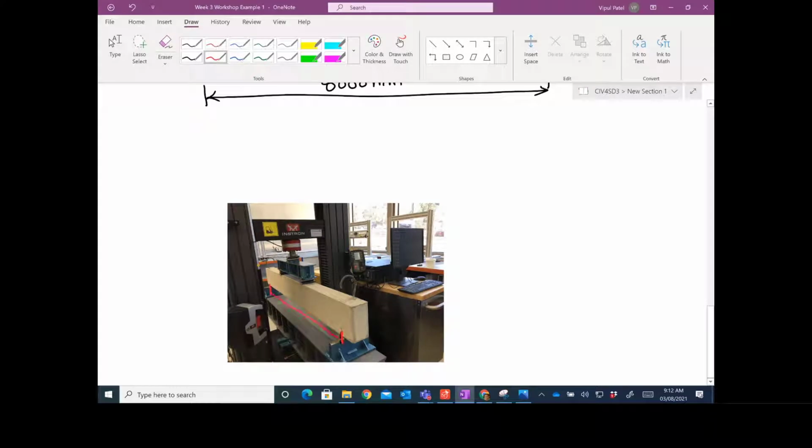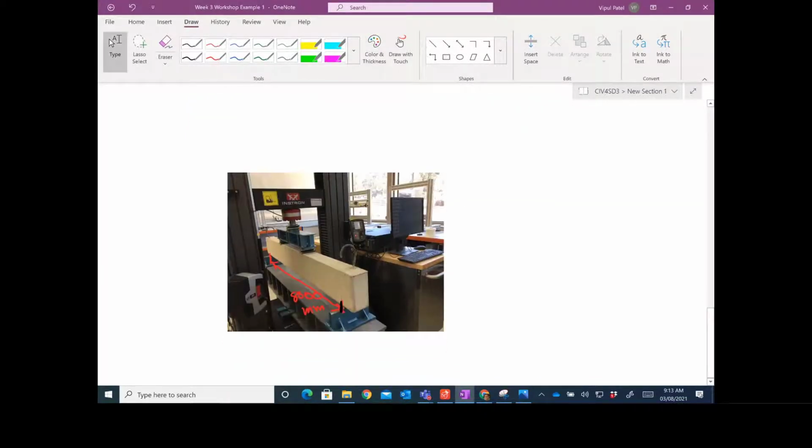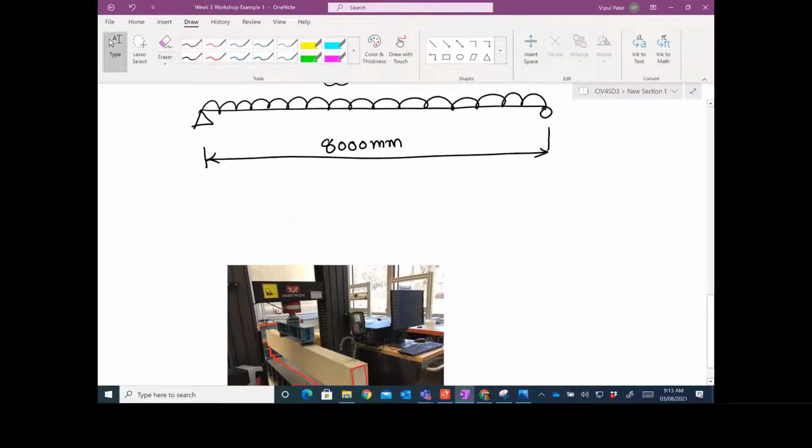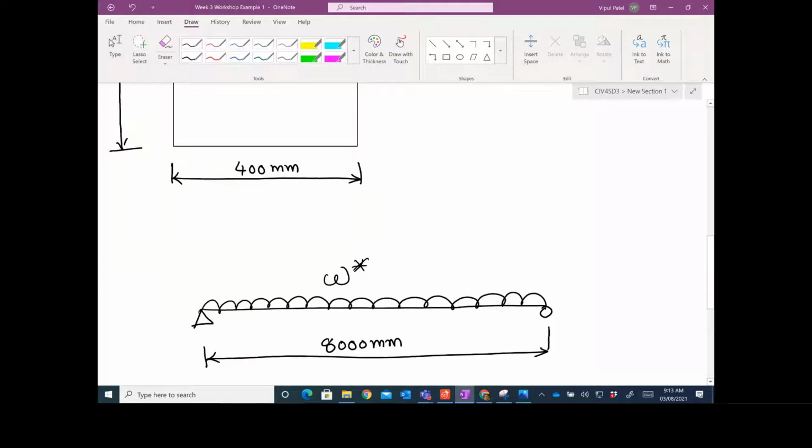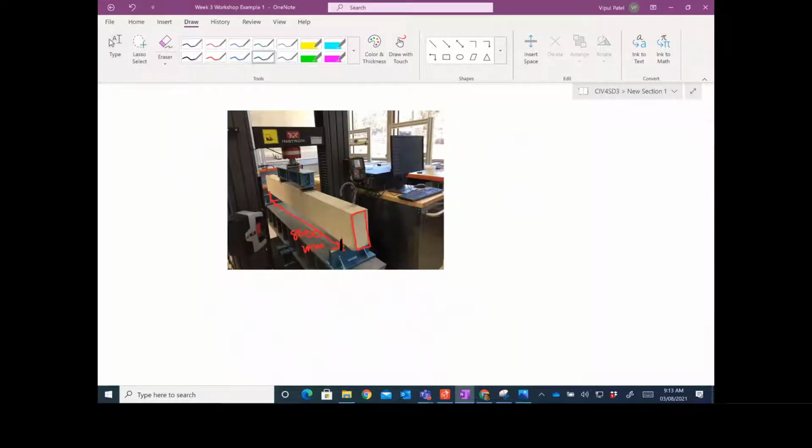Imagine this is 8,000 millimeters. This is not 8,000, but just to mimic our example we have 8,000 millimeters between the supports given here. And imagine this cross section is 800 by 400 this way. So that's what we've done.